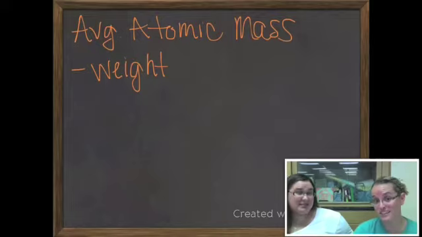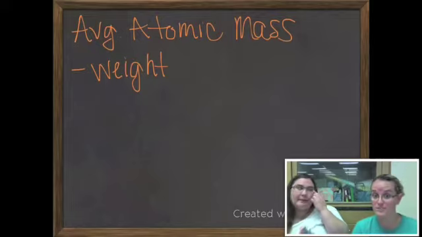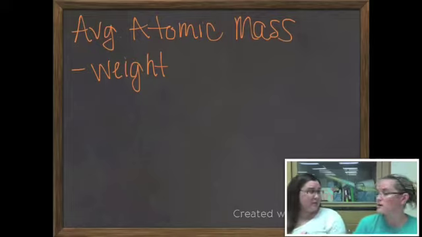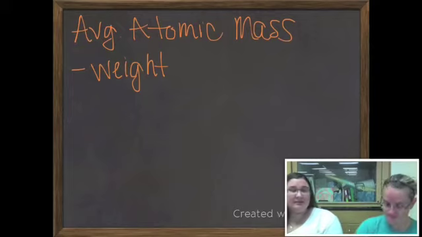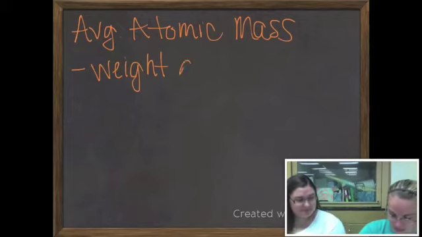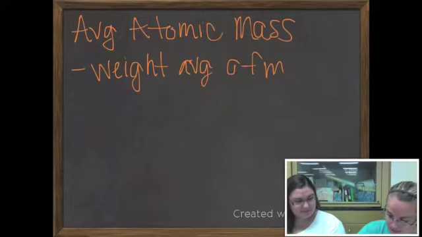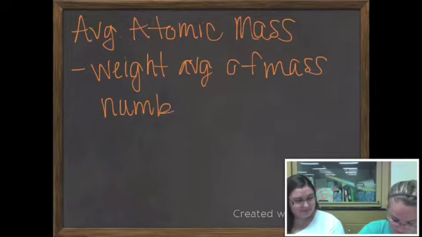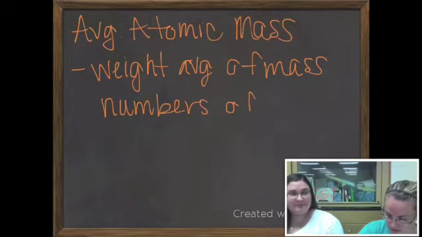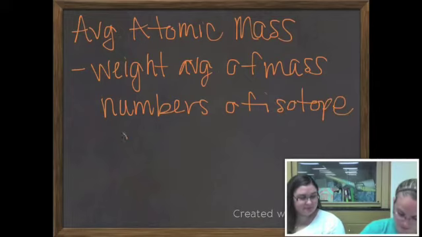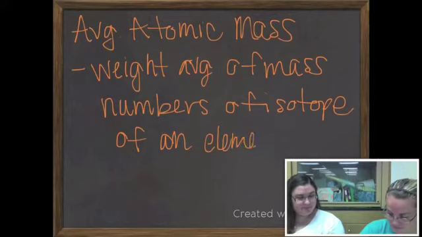For those of you who have classes that have a little bit more pull than others, let's say you're like an AP class or a PAP class. Exactly. So we have a weighted average of our mass numbers of the isotopes of an element. Okay, so we need to get that down.